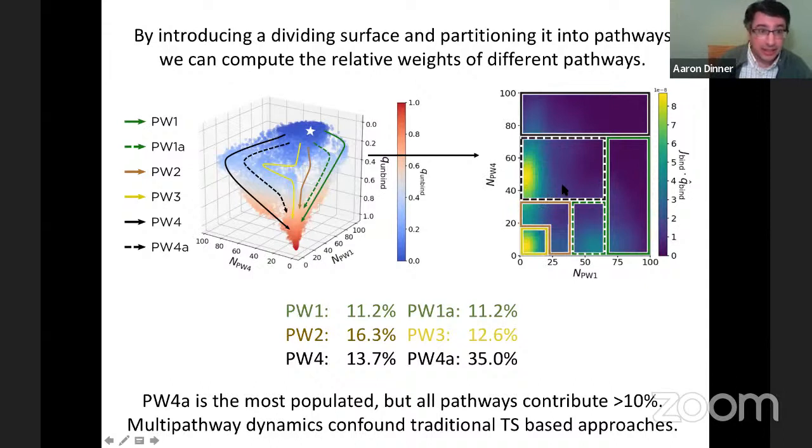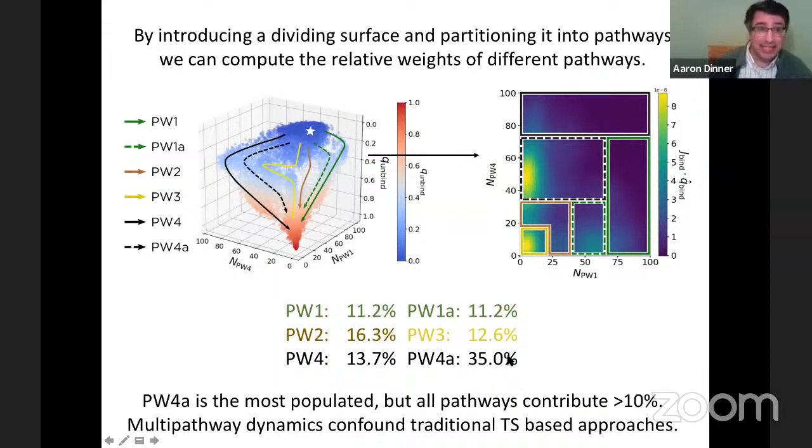And then we can integrate over each of these rectangles the reactive current, where we get the populations of the different pathways. So what we can see is that pathway 4A, that's with the channel open following pathway 4, the black gatekeepers, that's the most populated pathway, but all of the pathways have significant representation.